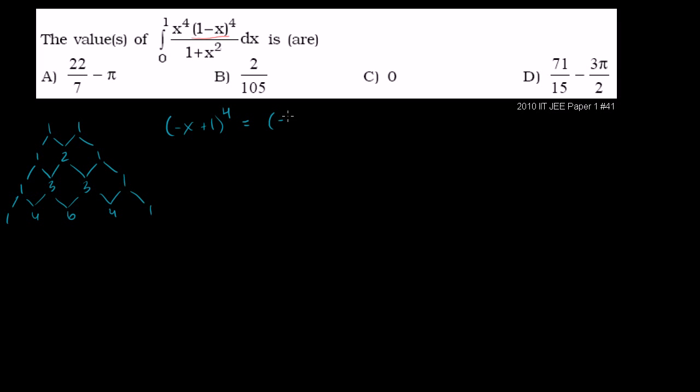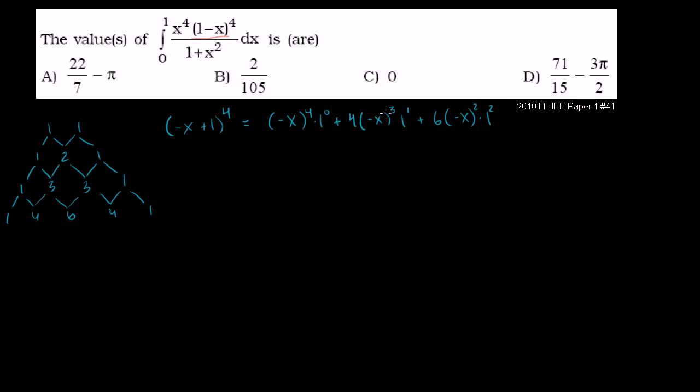So it's negative x to the fourth times 1 to the 0, plus 4 times negative x to the third times 1 to the 1, plus 6 times negative x squared times 1 squared.